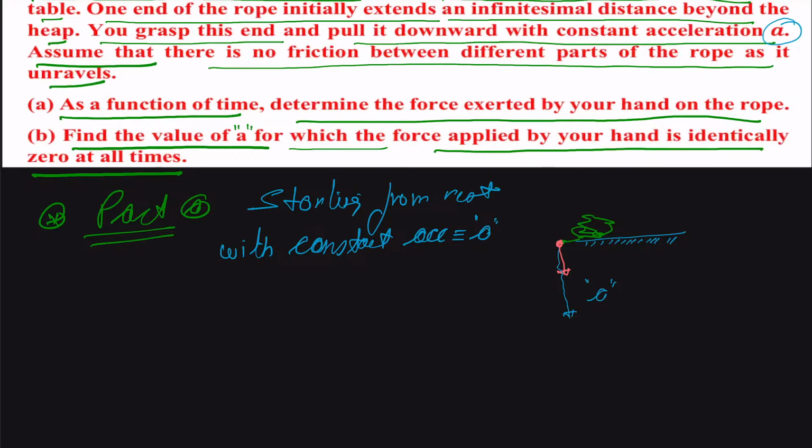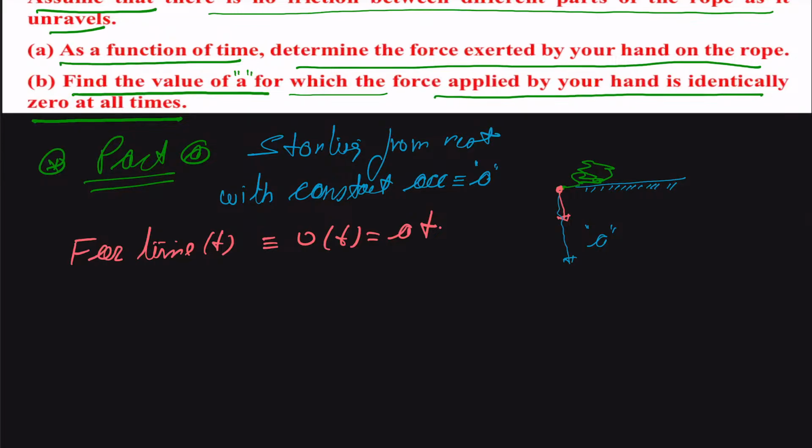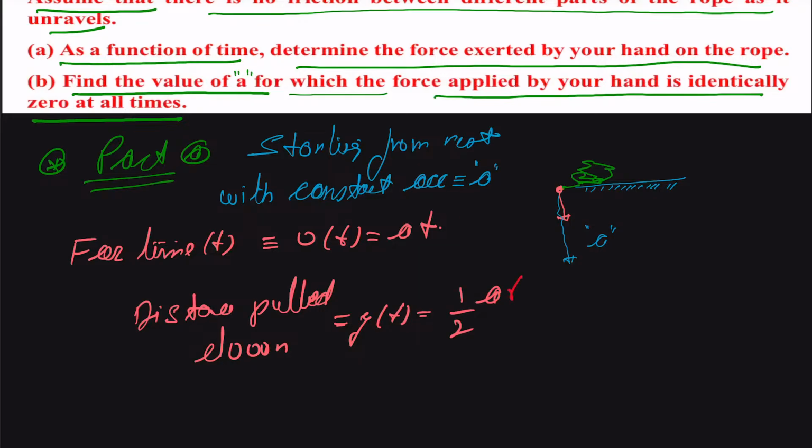For time t, our velocity at that time, initially at rest, will be v of t equals a times t, and the distance pulled down for this time t, let us suppose that is our y of t, will be equal to half a t square.